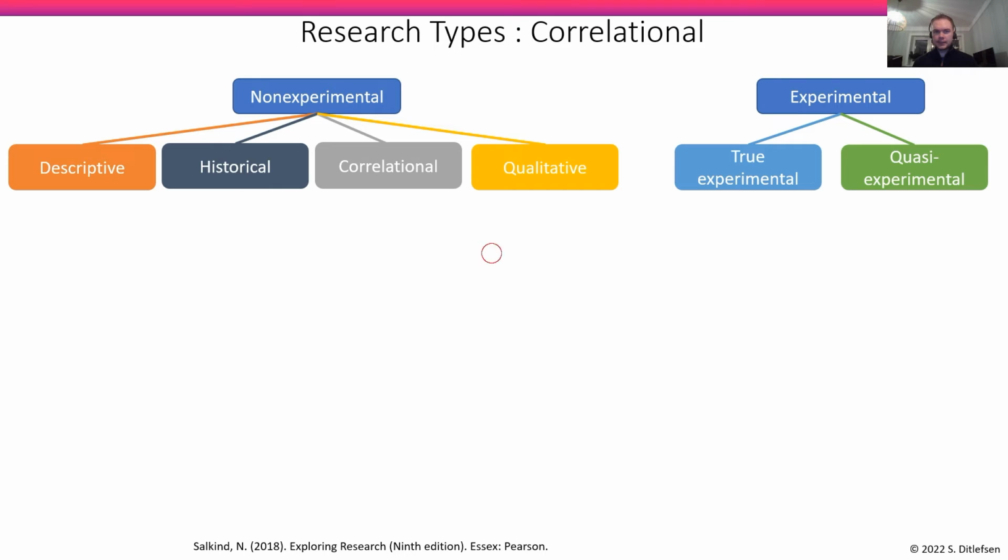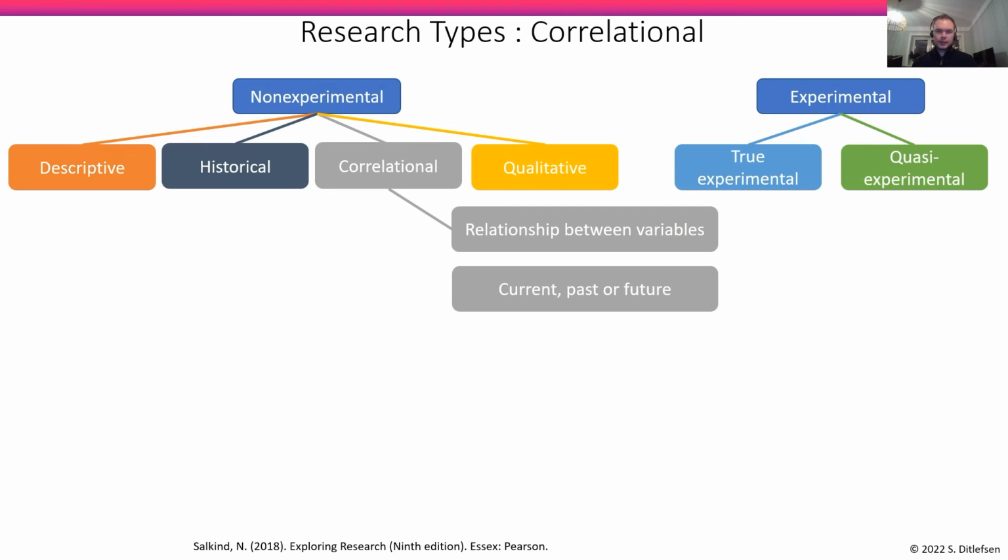Then we have correlation. It's the relationship between variables. We have 2 variables. What is the relationship between them? If we increase salary, can we get more products produced? And the time frame is current, past, or future.